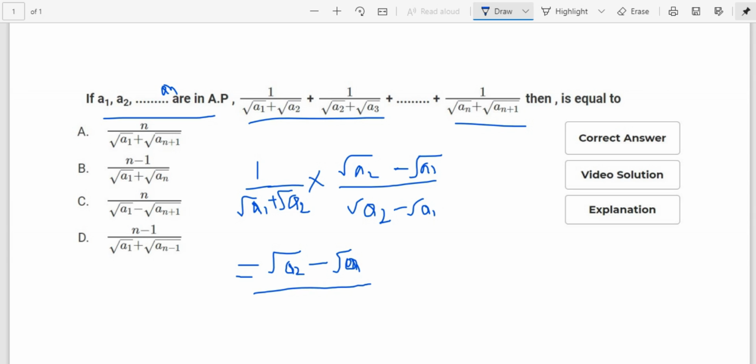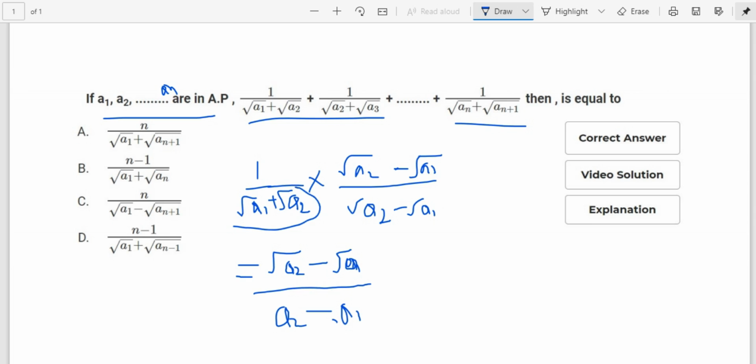Since x square minus y square means x plus y times x minus y, the denominator here will be a2 minus a1.